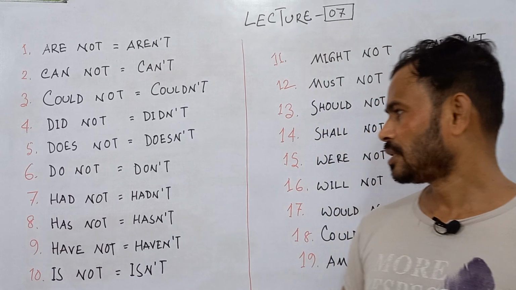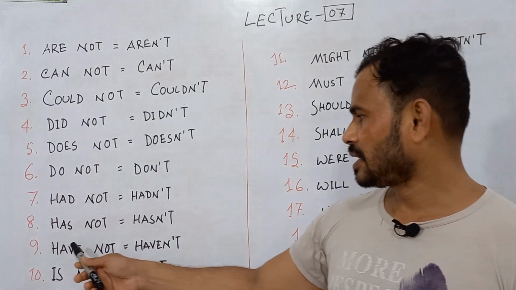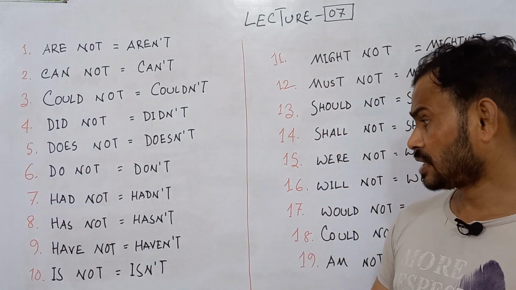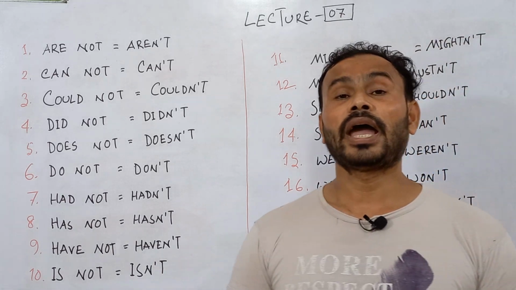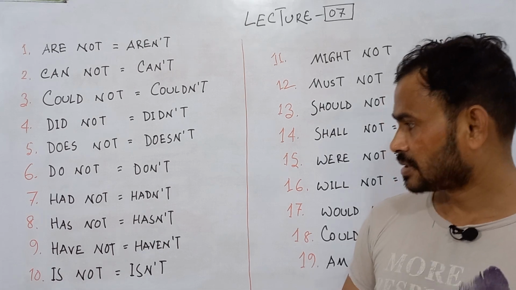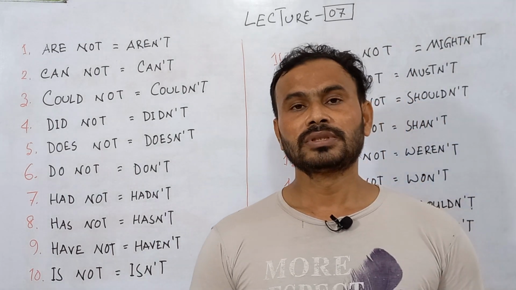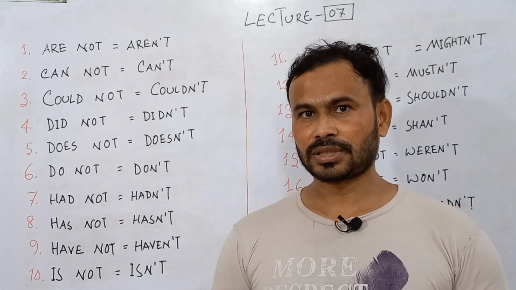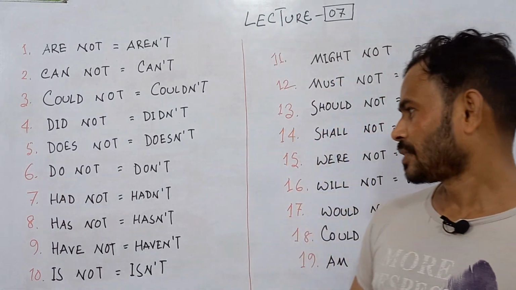Okay. So friends, let's talk about the next phrase, which is have not, and the contracted form of have not is haven't. The sentence for have not is, I have not completed the project.